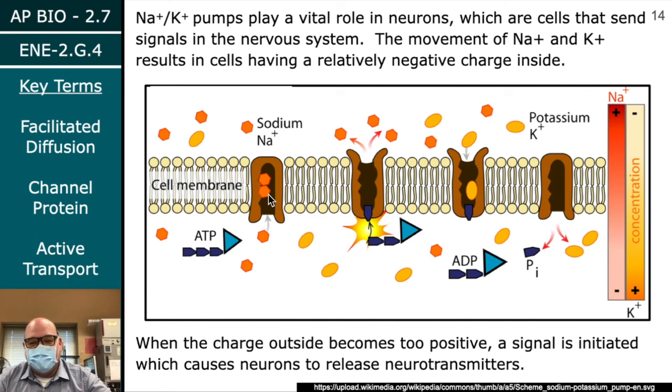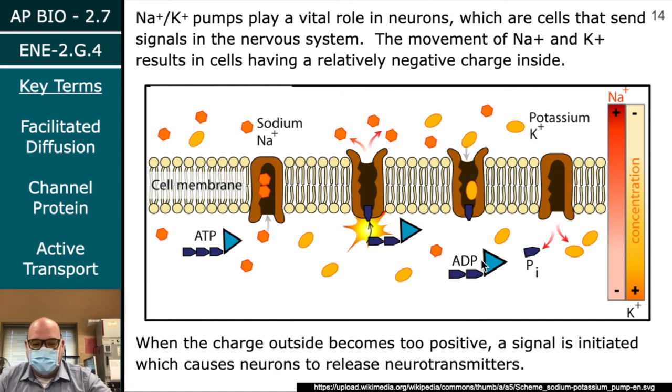This is sort of a step-by-step version of this. You can see the three sodium ions loading. They're orange, and then they get ejected. The potassiums come in, and they get ejected on the inside. We've got some ATP making this happen. It does that by breaking off a phosphate, and you can see ADP here at the end.